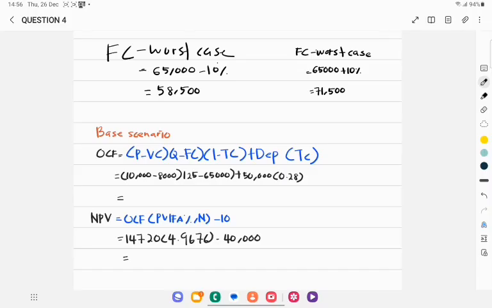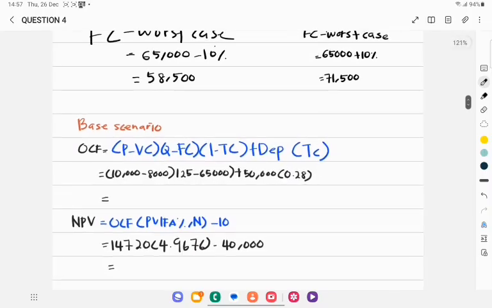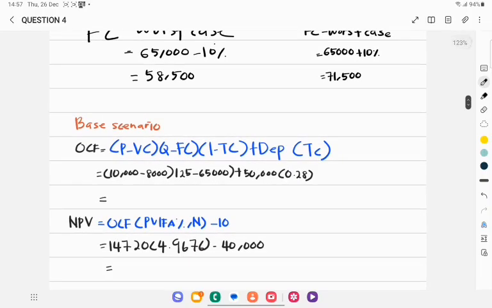So 10,000 minus 8,000 multiply 125 minus 65,000 multiply 0.72 plus 100,000 multiply 0.28. So the answer is 147,200.